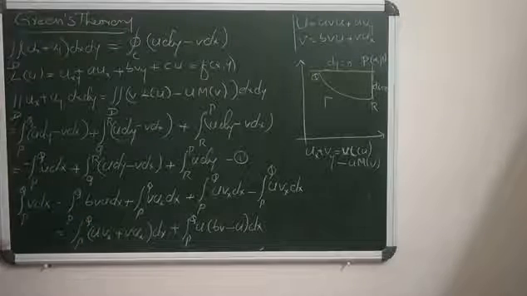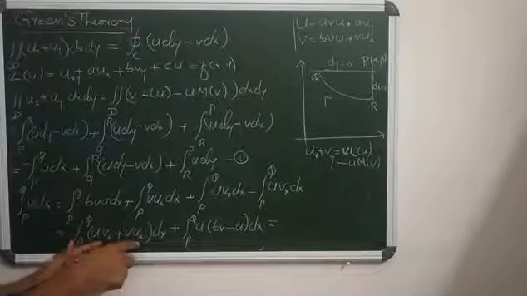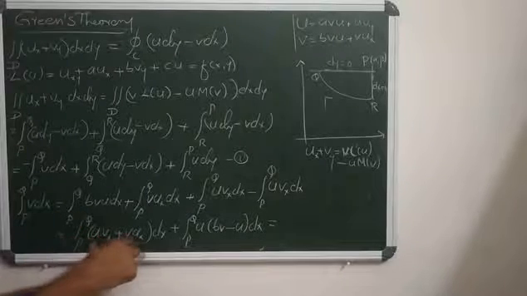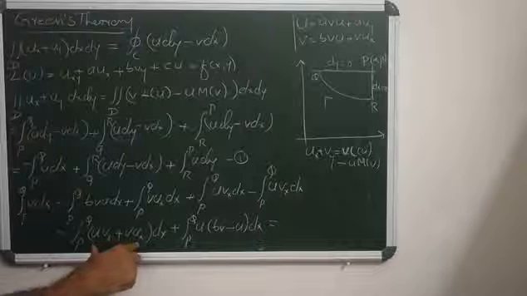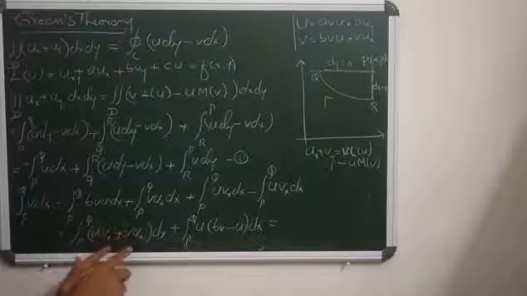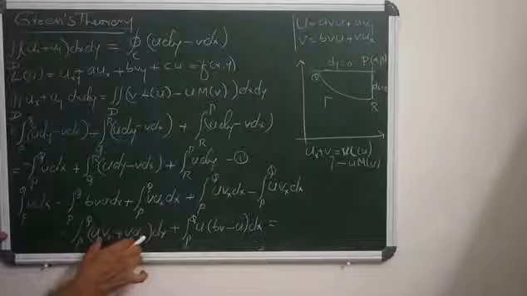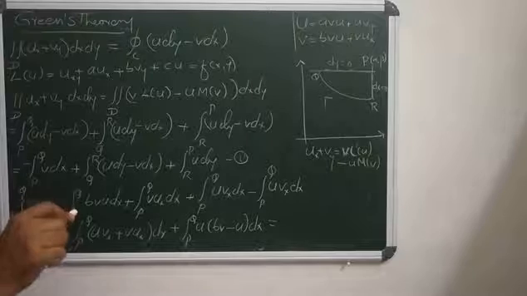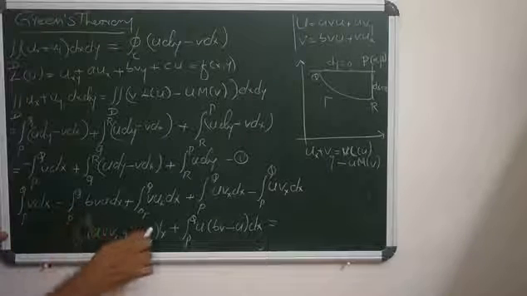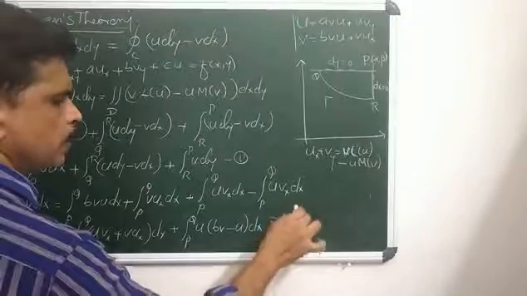Okay, so what is this one? This is nothing but the derivative of uv. u v x plus v u x is the derivative of uv. So the integral of the derivative of uv is uv itself. What is u v x plus v u x? The derivative of uv. So it is the integral of the derivative of uv with respect to x, the function itself. So it is uv from where to where?